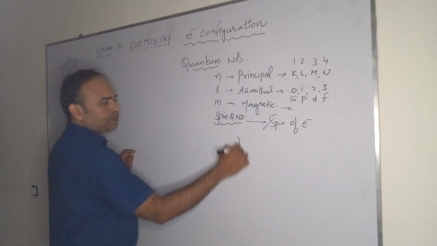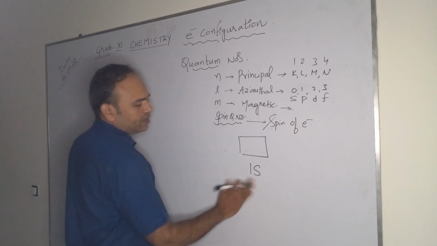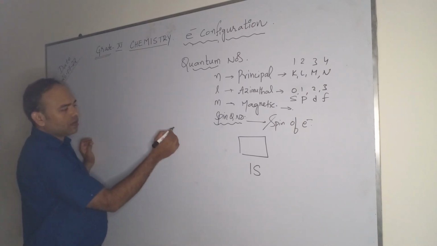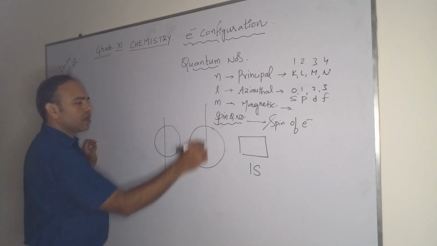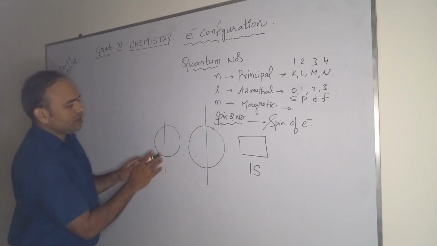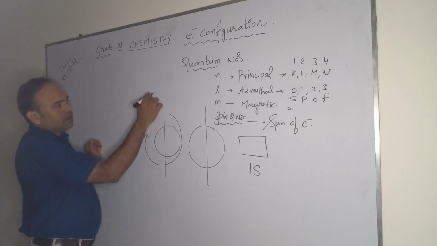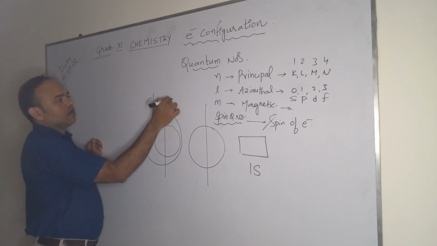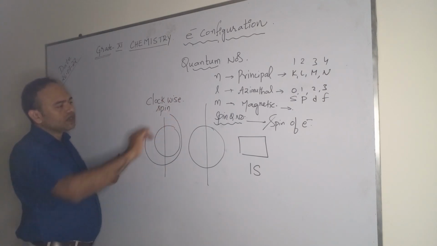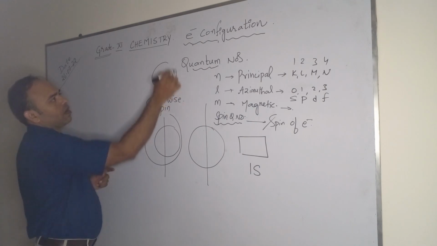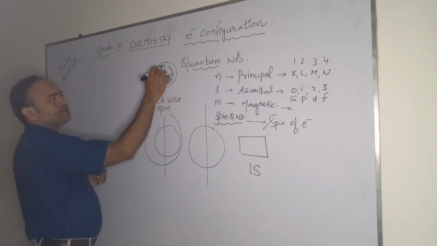Let us take 1s. In this 1s we have 2 electrons. Let us have the axis for both electrons. One electron will start spinning in which direction? In the clockwise direction. You call it spin. So that means how the clock will rotate in this direction.